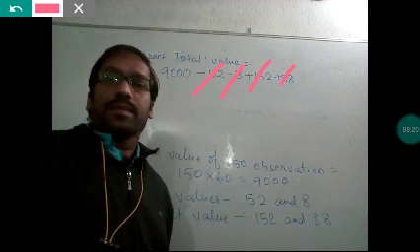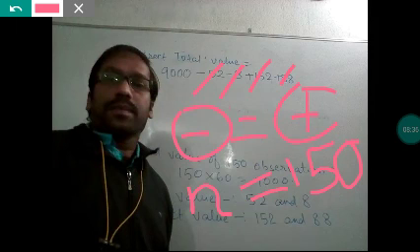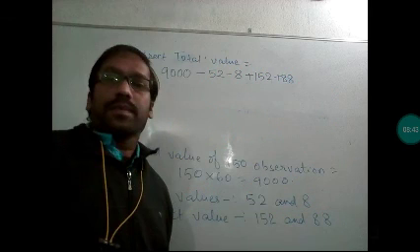So minus is equal to plus, so the total number of observations will remain 150 only. Clear? Because two have been removed, then two have been added also. So in the number of observations we didn't get any change. So this is the concept of this.